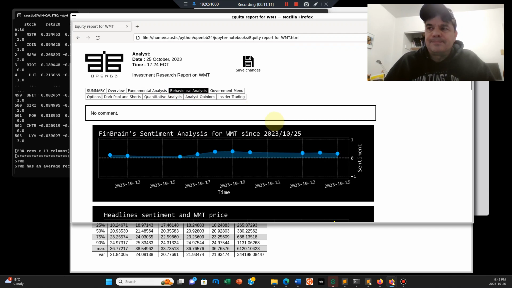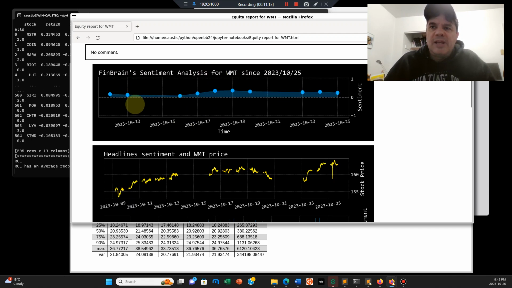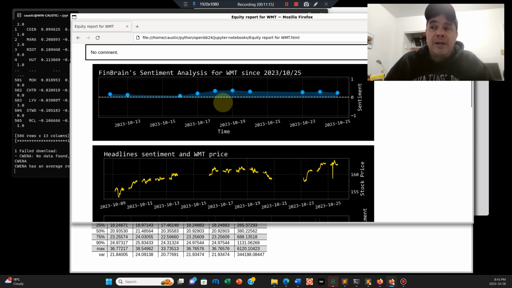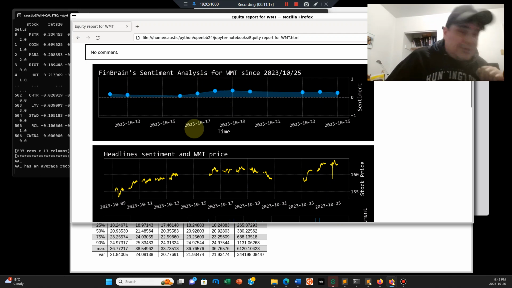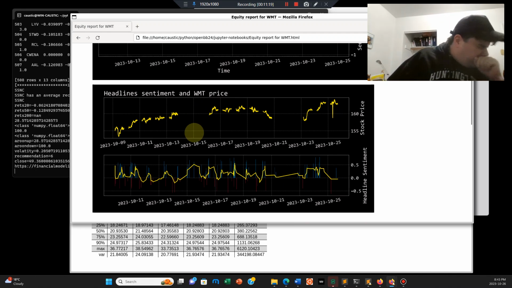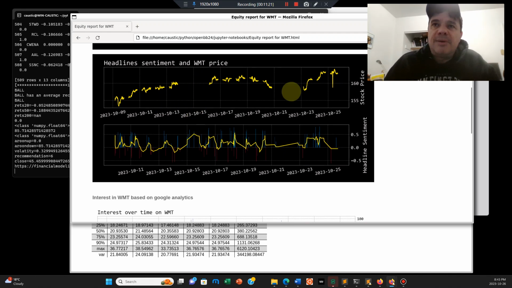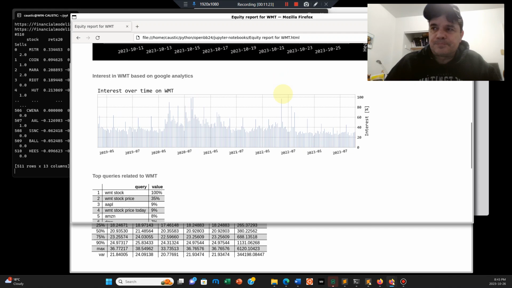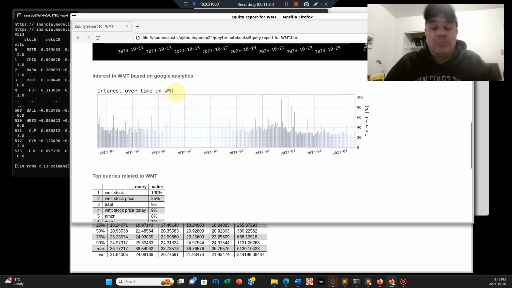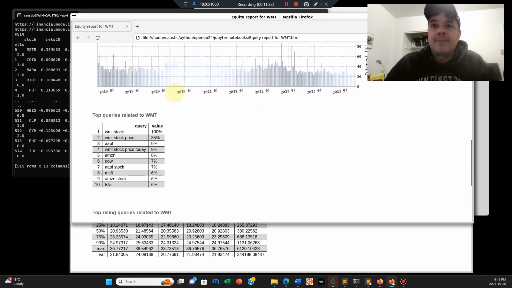Behavior analysis. So again, we get the holding sentiment on Finbray. That's helpful as well as positive sentiment based upon headlines in the news. This is the Google Analytics interest based upon Walmart. That's really something you won't find anywhere else.